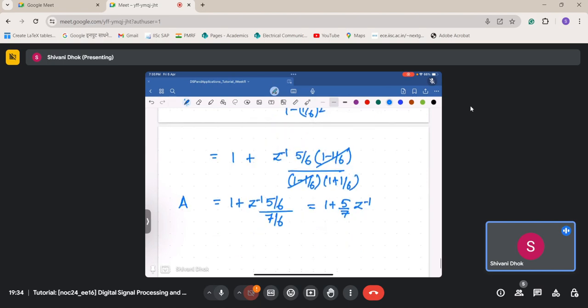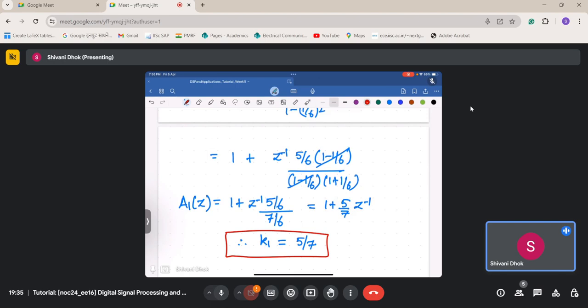So this is A1 of z, and K1 will be the coefficient of z inverse. Therefore K1 is equal to 5 by 7. So this is the value of K1 that we are having.